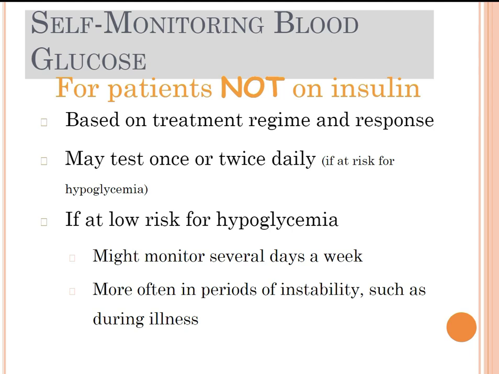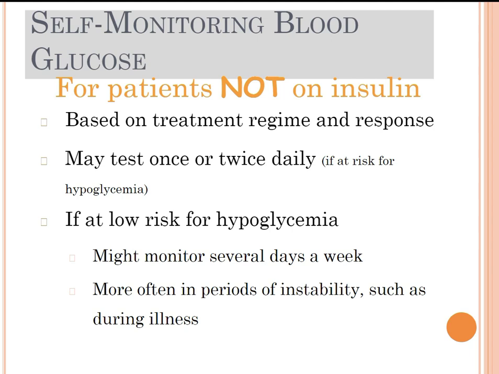I want to stress that self-monitoring of blood glucose is a very important part of diabetes mellitus self-management. It is the cornerstone of self-management. And so it's important to be sitting down with our patients and asking them how often they are monitoring their blood glucose, and also how are they monitoring their blood glucose, and making sure that they're doing it correctly.